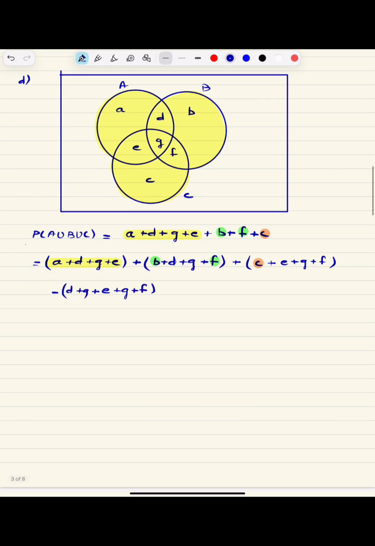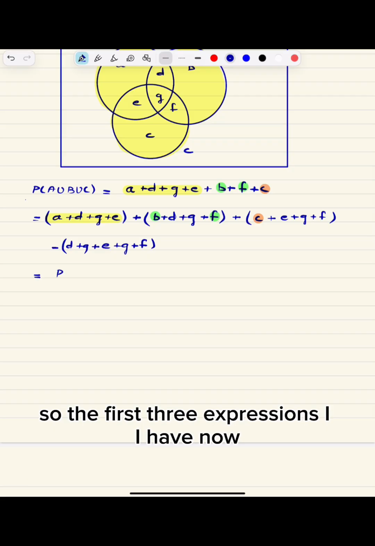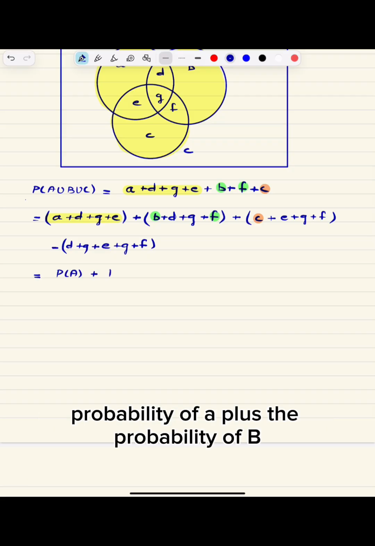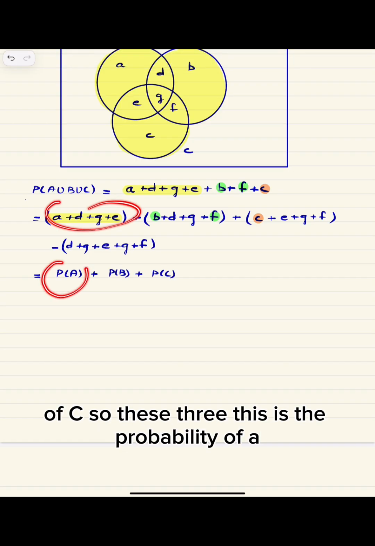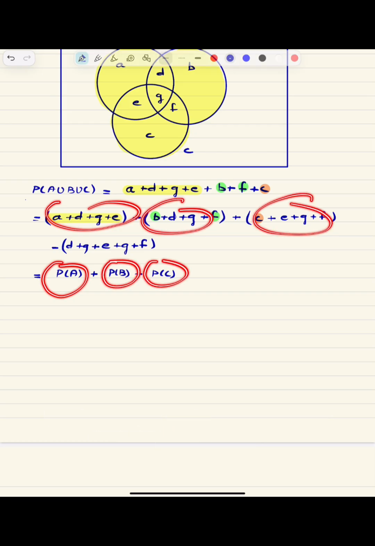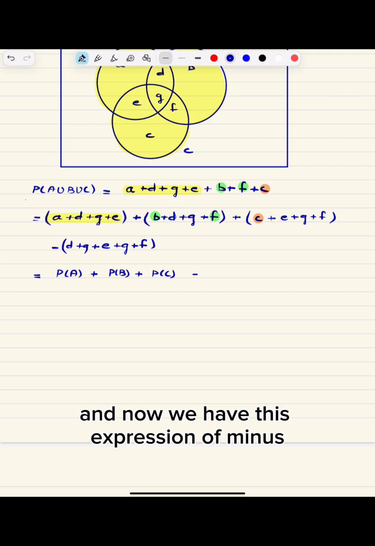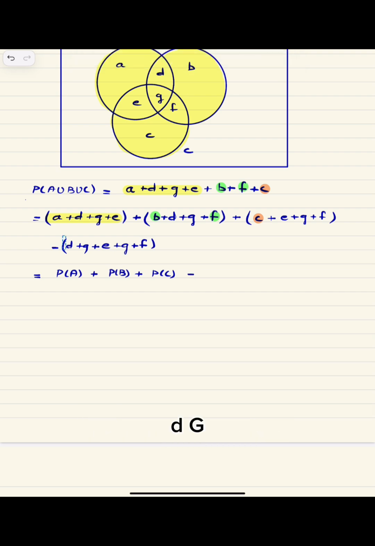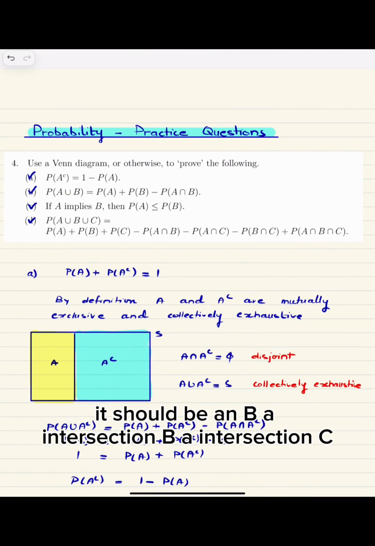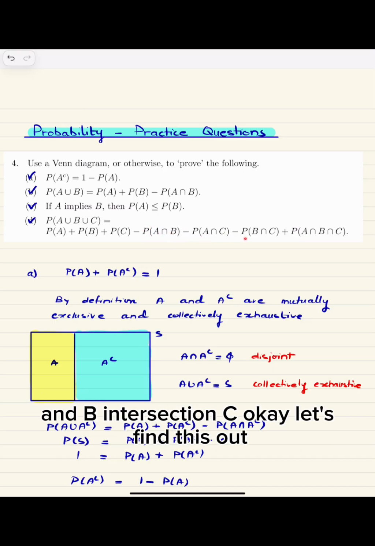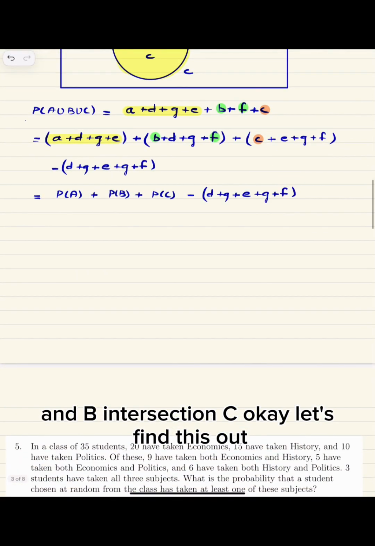So the first 3 expressions I have now are the probability of A plus the probability of B plus the probability of C, and now we have this expression of minus D, G, E, G, F. Now the next expression I should have is A intersection B, A intersection C, and B intersection C. Let's find this out.